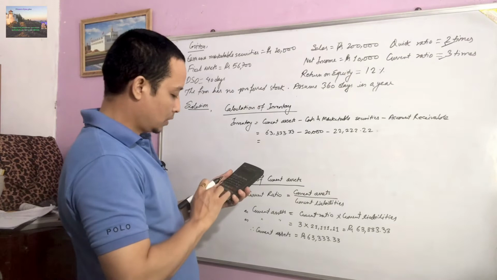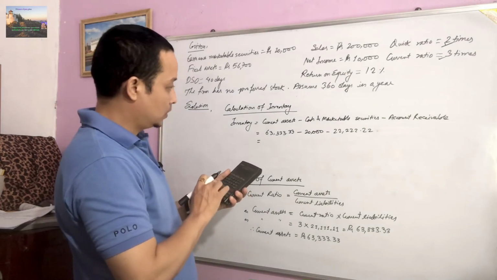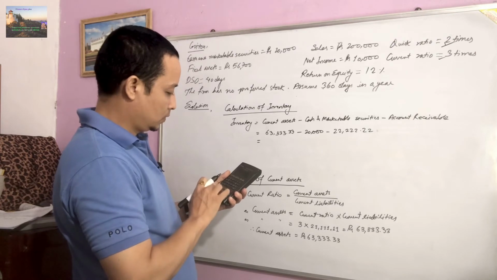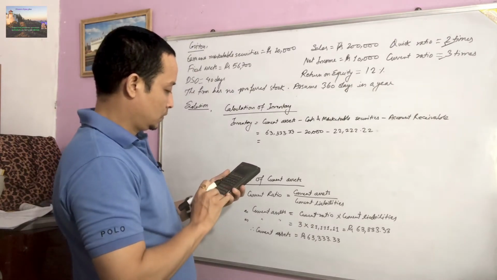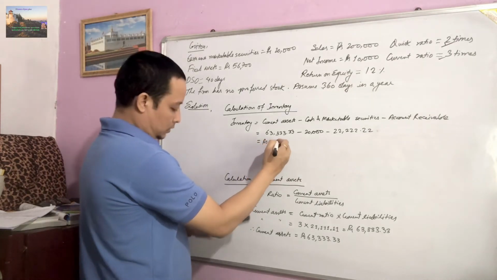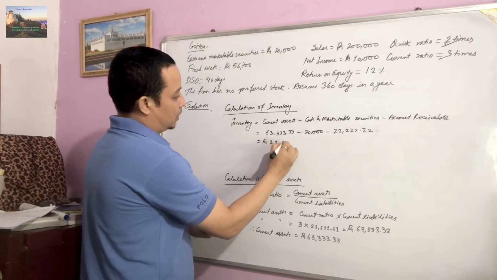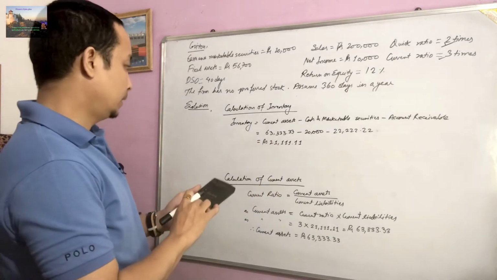So 63,333.33 minus. Your inventory will be rupees 21,111.11. Okay, this is your inventory.